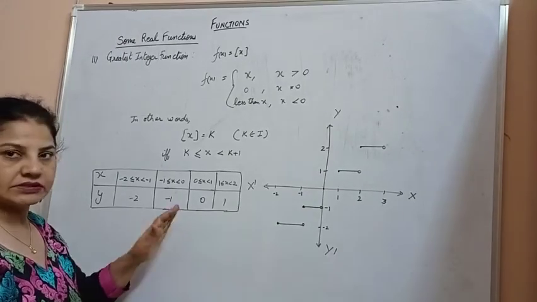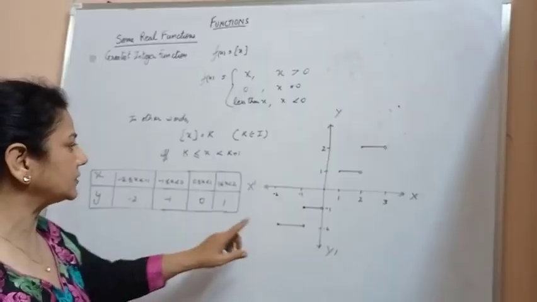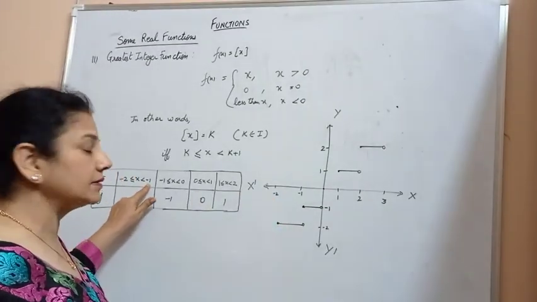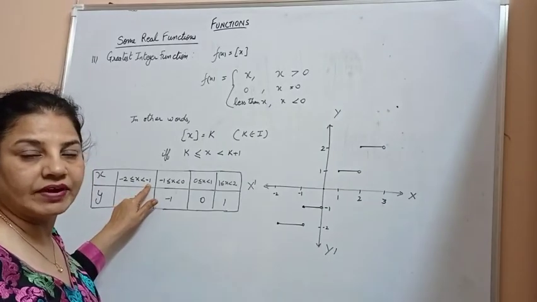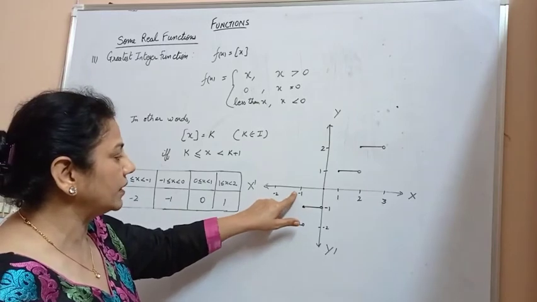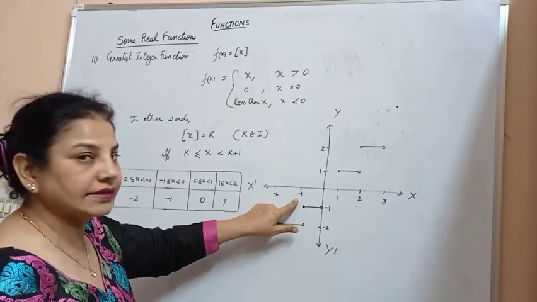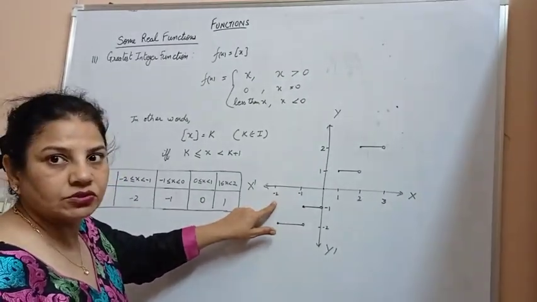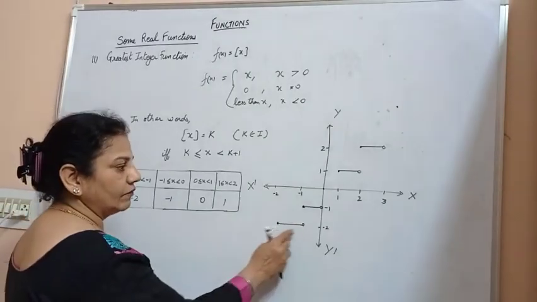And if we plot these points on the graph, it is like this. When x lies between -2 and -1, the value of y is -2.